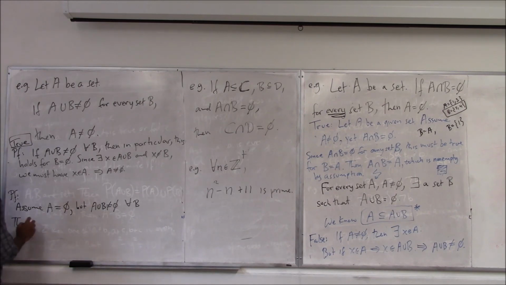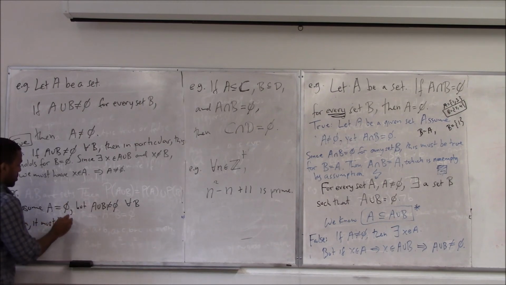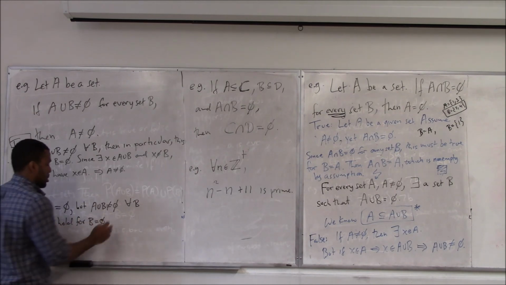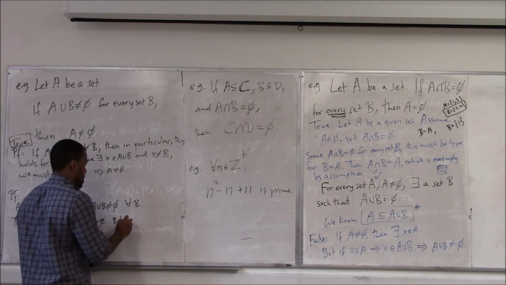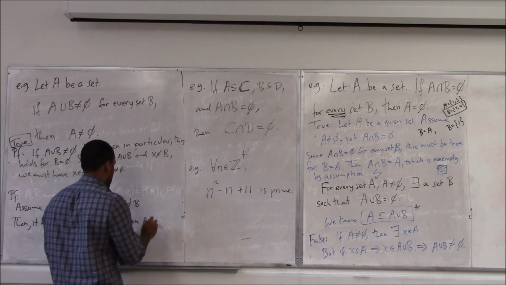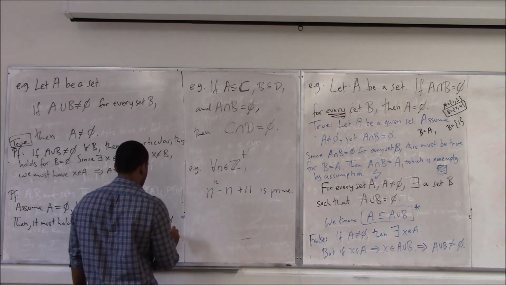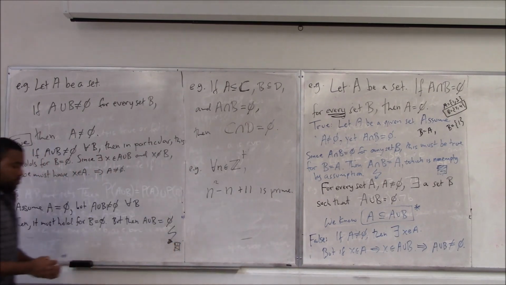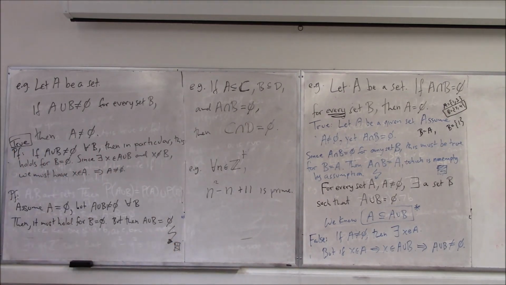Then it must hold for B equals the empty set. But then A union B would be empty, and that's a contradiction. Alright, so that would cover all the grounds.